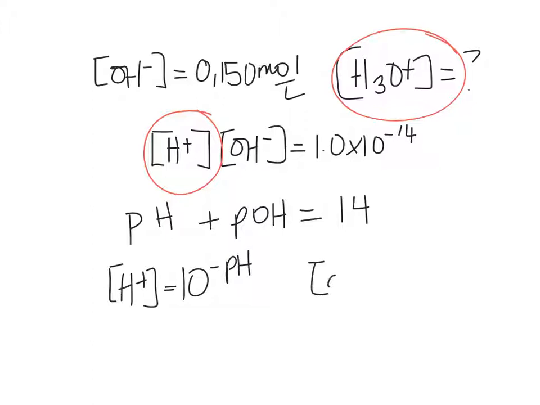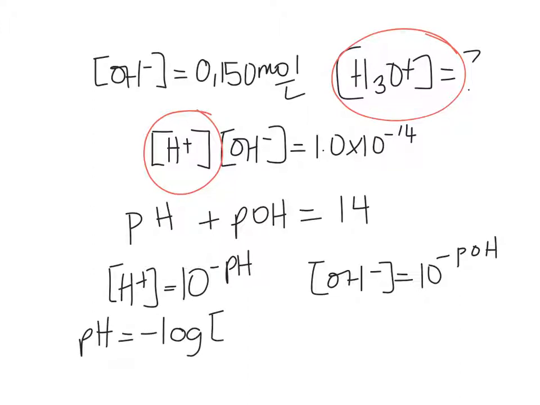OH minus is equal to 10 to the negative pOH. pH is equal to the negative log of H plus, and pOH is equal to the negative log of OH minus.